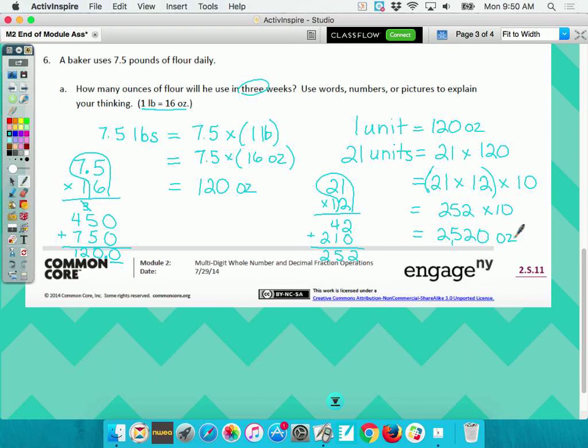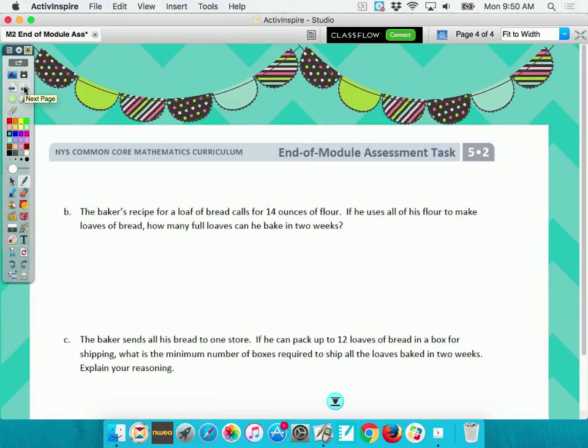All right. So that number, 2,520, we need it for B. So write it down. 2,520 ounces.